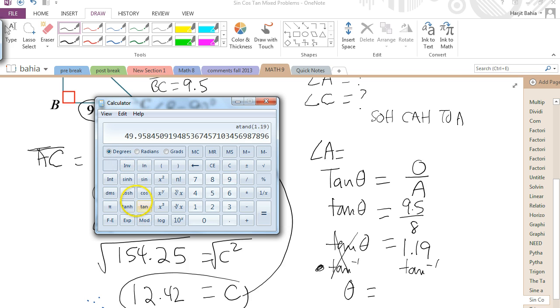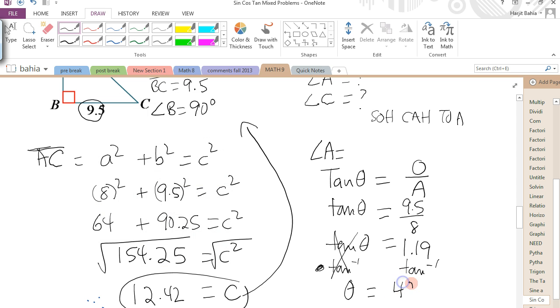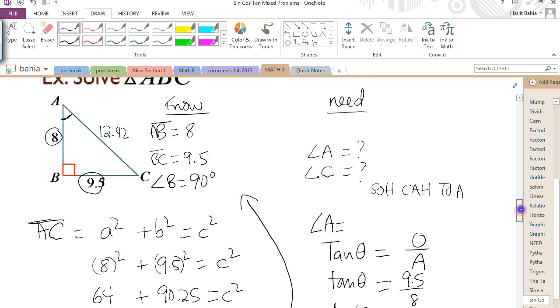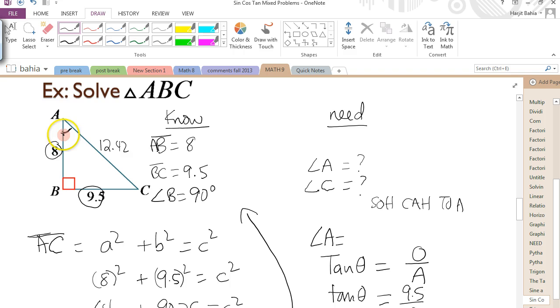Inverse tangent gives me the angle, 49.96. That is angle A, 49.96 right here.